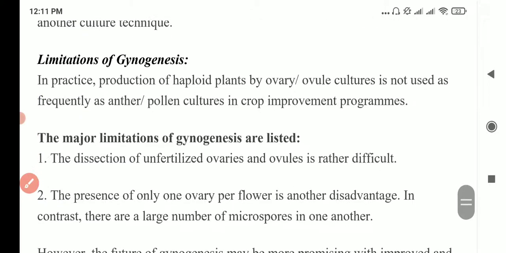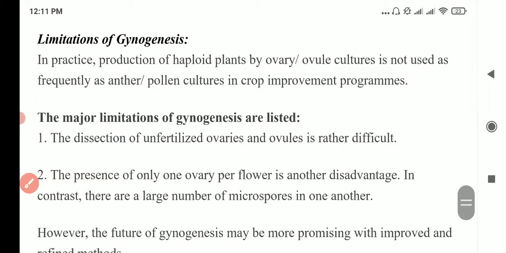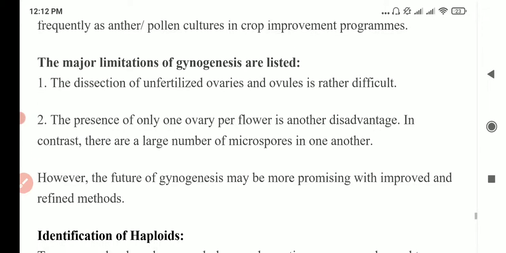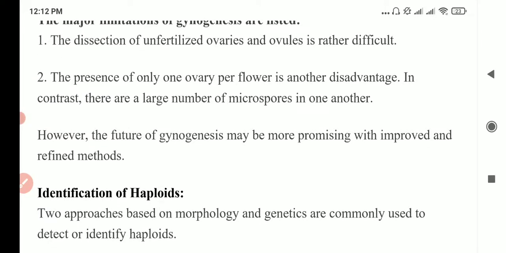So let's look at a few of the limitations of ovary or ovule culture. The dissection of unfertilized ovary and ovules is rather difficult. Well, you girls, you know the most. You know better than Miss Amy also, because most of the dissection of the ovary and ovules you have been doing all these years.